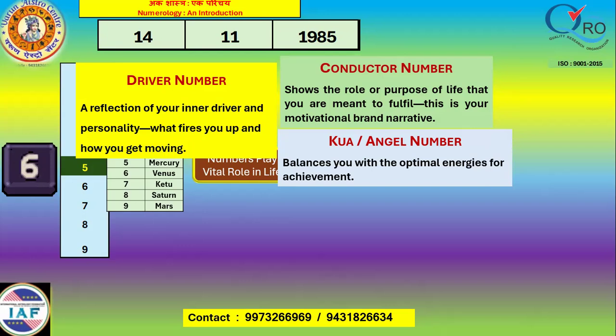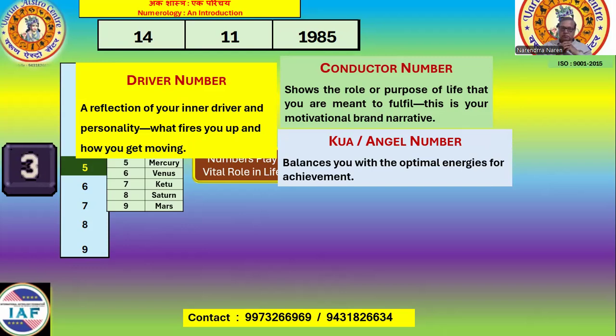And if this number becomes an enemy, then the problem will be more. So first and foremost task is that the first letter of the name number should not be the enemy of the driver and conductor, or both.